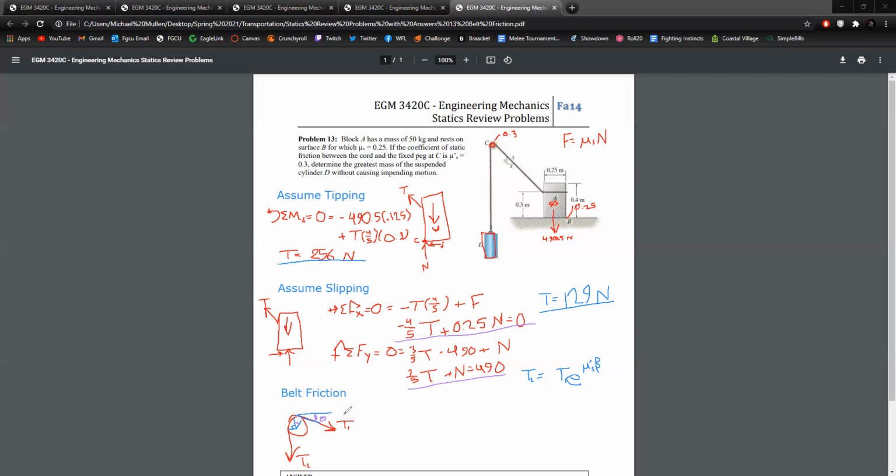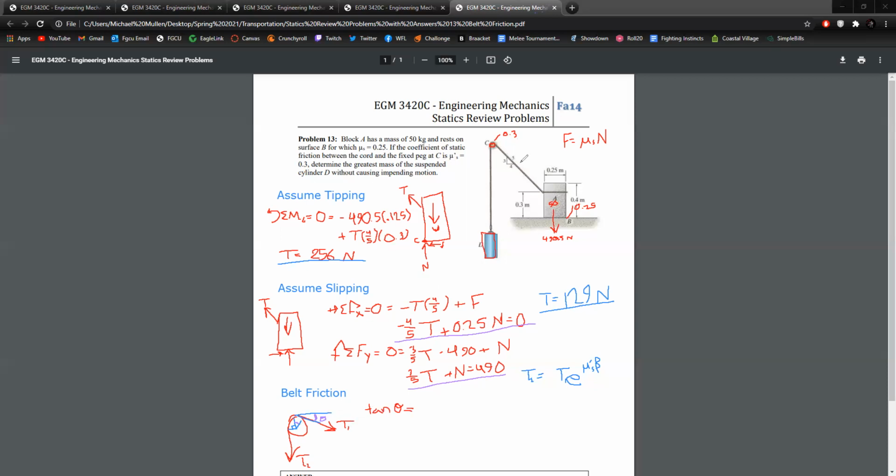So what we can do, since we know the dimension of the rope, we know the ratio, the slope of it. We know that this is a 3-4-5 triangle. So we can say tangent theta is equal to opposite over adjacent.